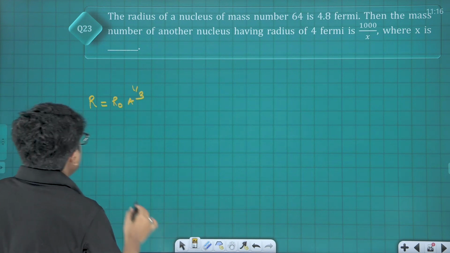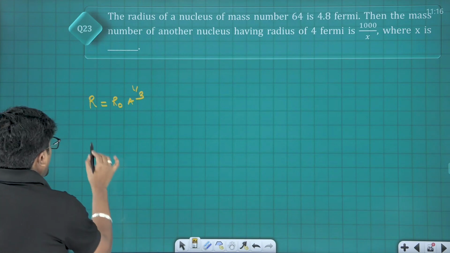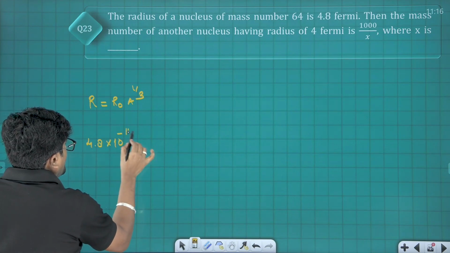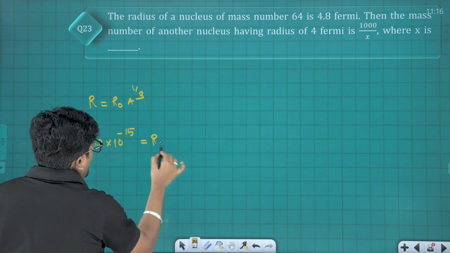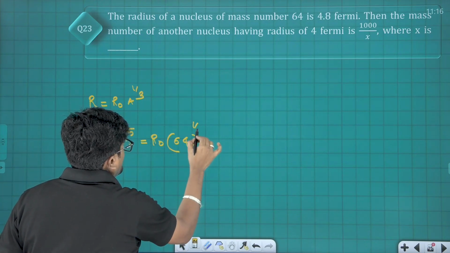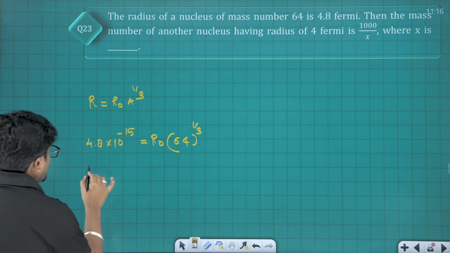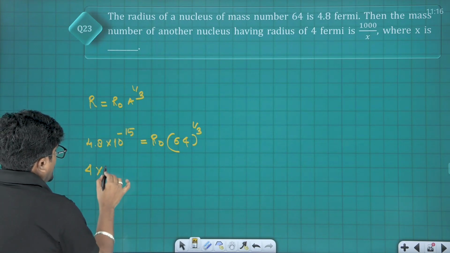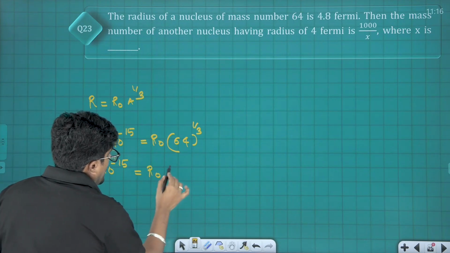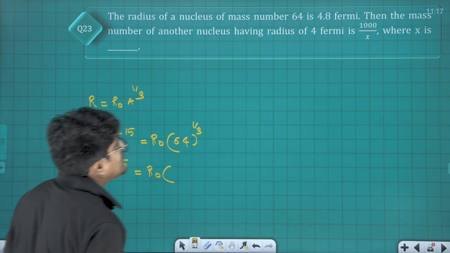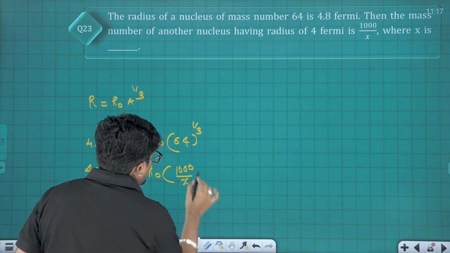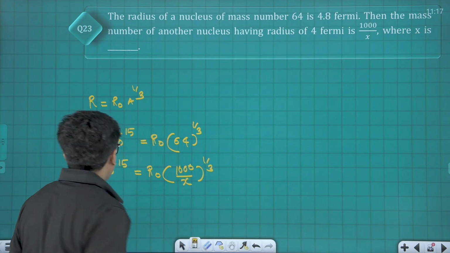As per the question, the radius is 4.8 into 10 to the power minus 15, which equals R naught into 64 raised to 1 by 3. And the next is 4 into 10 to the power minus 15 equals R naught into 1000 by x raised to 1 by 3.